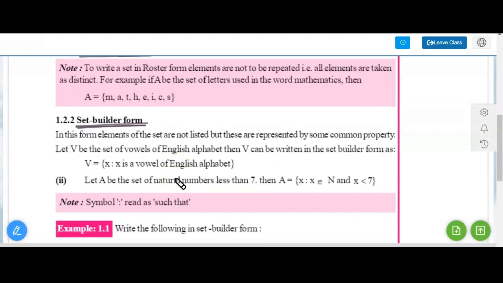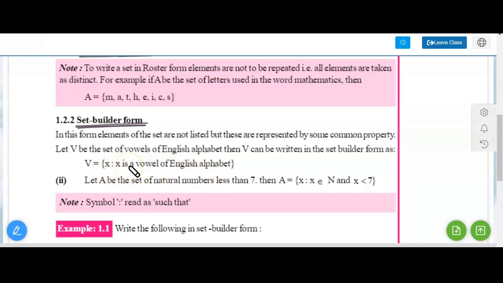The next form is set builder form. Set builder form means you will be writing in terms of sentences. In this form, elements of the set are not listed, but they are represented by some common property. Let V be the set of vowels of the English alphabet, then write V as {x : x is a vowel of the English alphabet}.